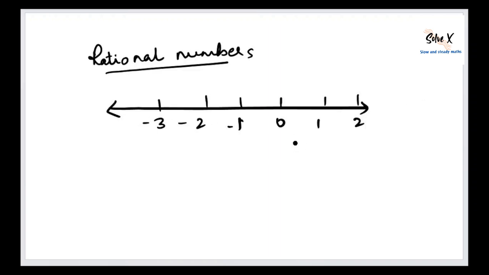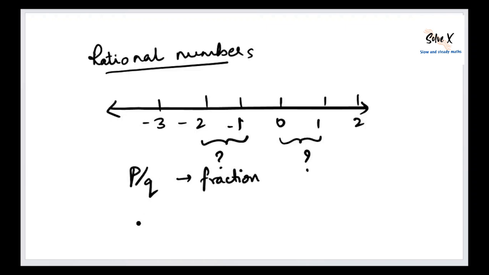Does there exist any number between 0 and 1? Have you ever thought whether there exists any number between -1 and -2? All these numbers can be represented in the form of p by q, that is, a fraction.